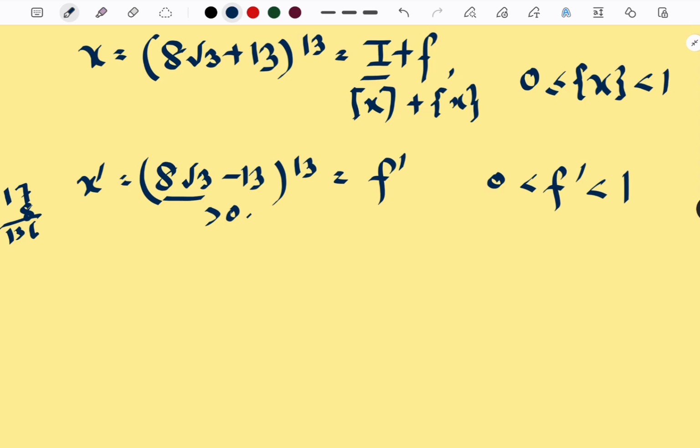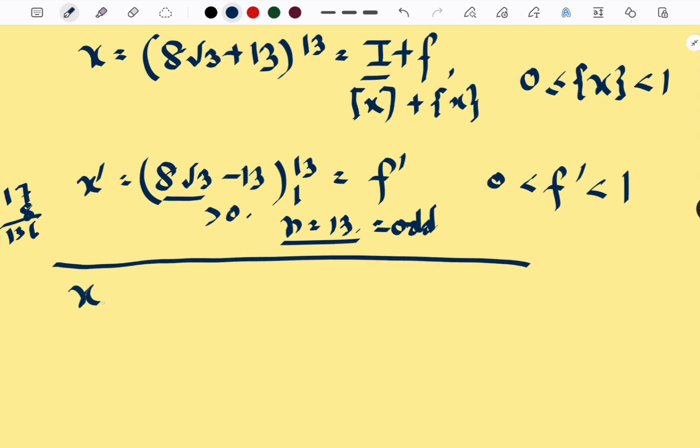Now obviously the power n = 13 is odd. Previously I have done the expansion and then added or subtracted, but here it is odd, so I'll directly subtract. If I subtract x - x', what will I get?